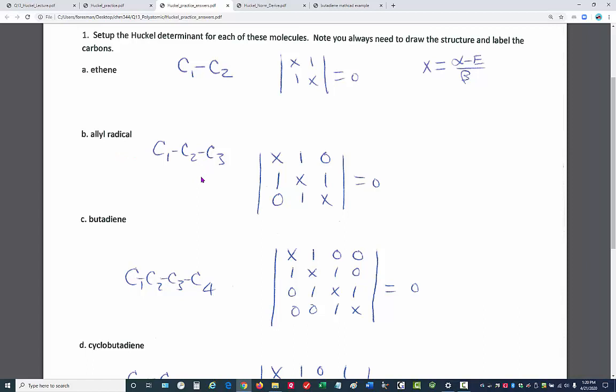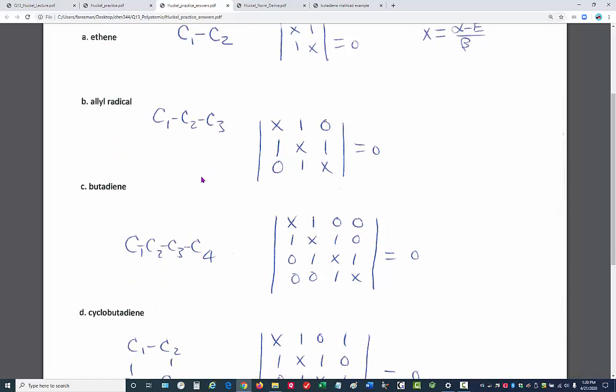Allyl radical, let's see what that looks like. Here we have 3 carbons all connected together, label them 1, 2, 3 from left to right. And now I would have x's on the diagonal, right? And then if we go across first row, we would have x, 1, 0.